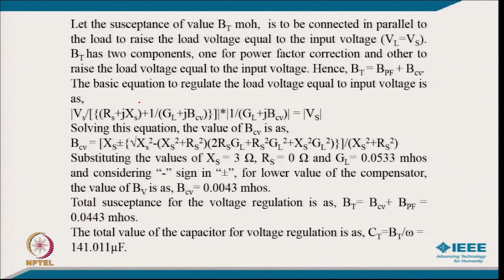So, the basic equation to regulate the load voltage equal to the input voltage is this, we derived already, that you can call the voltage across the load, which is the calculated value here, should be equal to the source voltage. And how did we calculate this?